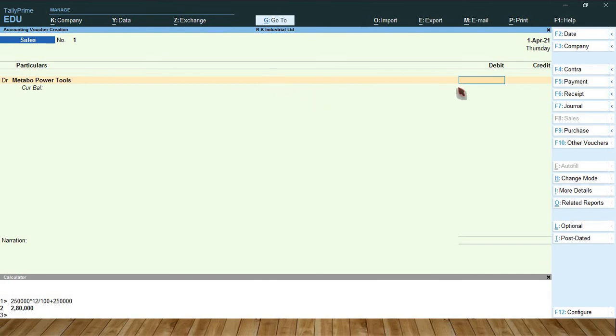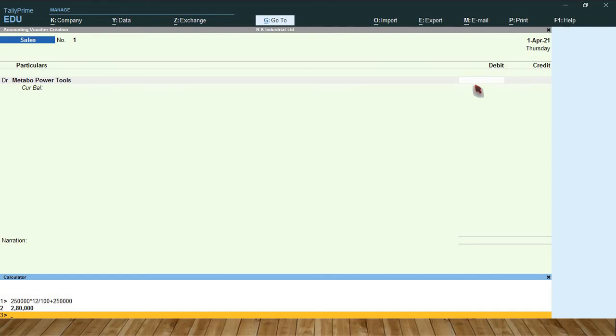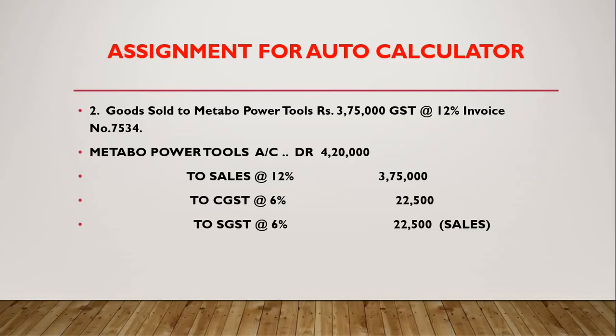Now the cursor has come to the amount field. Now you have to press Alt C. Now calculate. 3,75,000 is the sales amount.